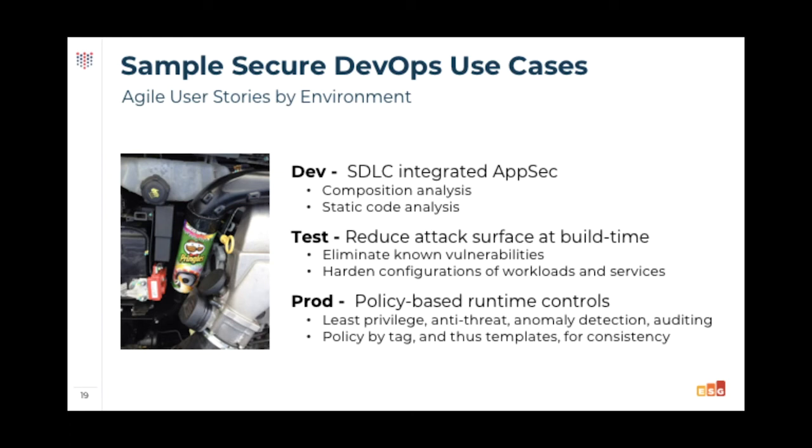and route that ticket right back to the developer who wrote the code. Then in a test context or pre-deployment, like we mentioned earlier in that particular slide, it's really about hardening or reducing attack surface at build time. So it's about eliminating all known vulnerabilities, both software and configuration vulnerabilities. And by the way, there may be a policy that says, not just based on the CVE but on the severity, the CVSS, that we are going to push that app into production.